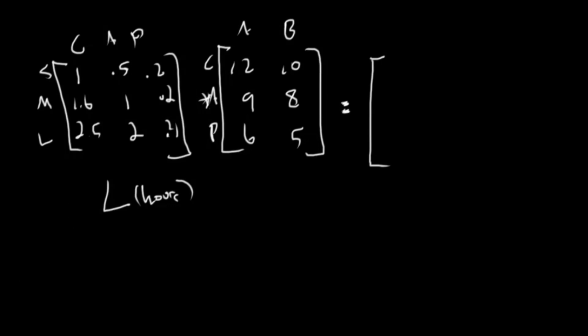Go ahead and use new colors. So 1 and 12, 0.5 and 9, 0.2 and 6. Those give us the cost. And that's going to be, let me break out my calculator. Give me 1 second.